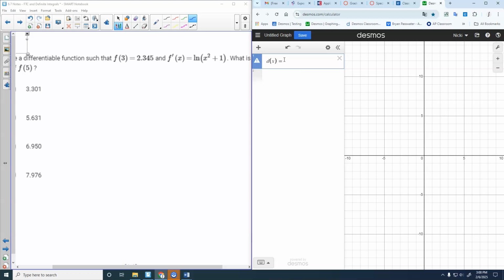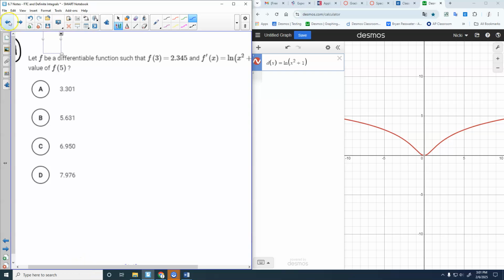I don't like calling it f because f is what we get when we integrate this, so that's a little bit confusing. So d of x is natural log of x squared plus 1, which is this function here. And they give us f of 3, and they want us to find f of 5.